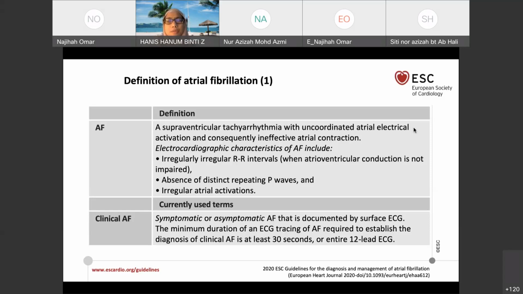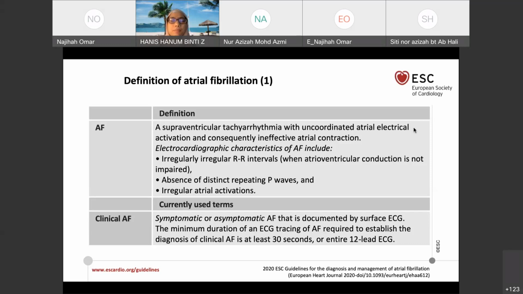That's the layman term. It's not as common as your other heart diseases, like your heart attack, heart failure, hypertension. It's not that common, and hence that's why we need to increase awareness among patients who have AF.